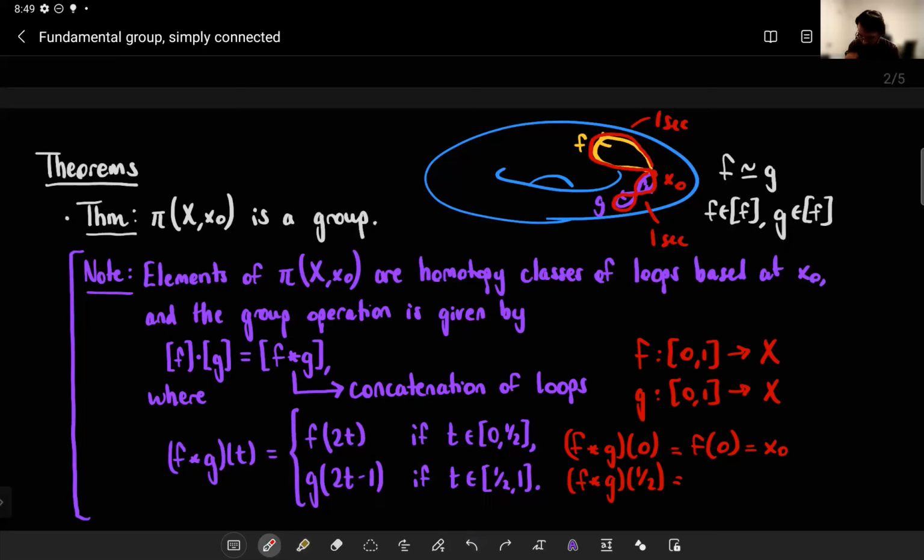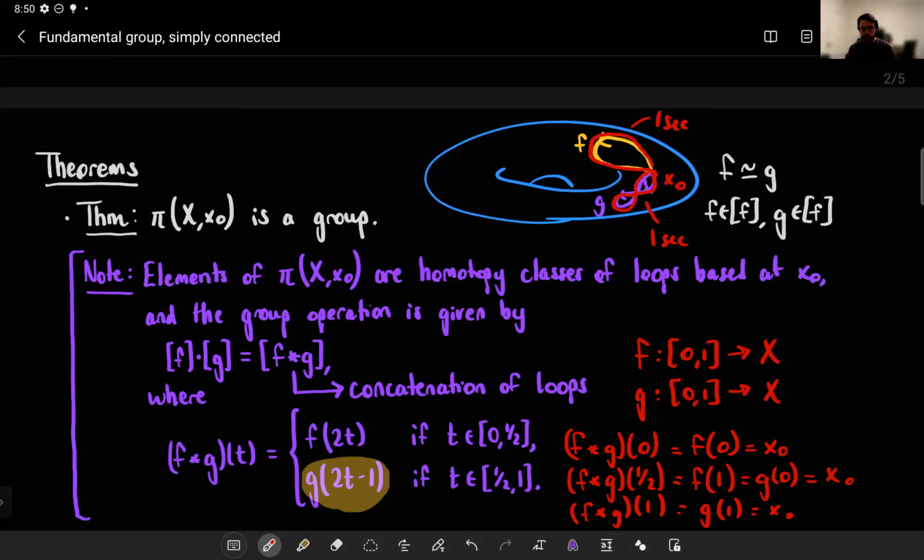If you plug in 1/2, you'll either get f of 2 times a half, which is f of 1, from this half, or you could equally well plug t equals a half in here and you get g of 0. But in either case, that's either the endpoint of f or the starting point of g, but they're loops. Again, we're back at x0. And finally, if you plug in time 1, that'll default to this branch of the piecewise function, and we'll get g of 1, which is also x0.